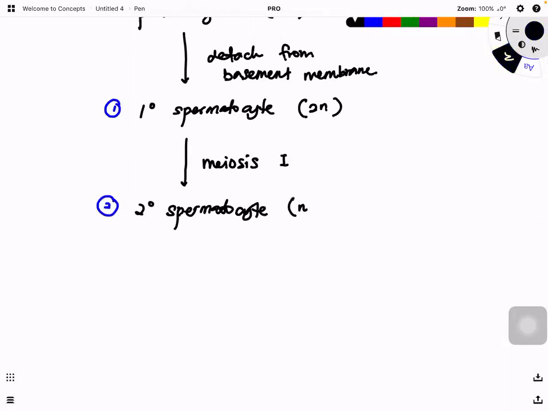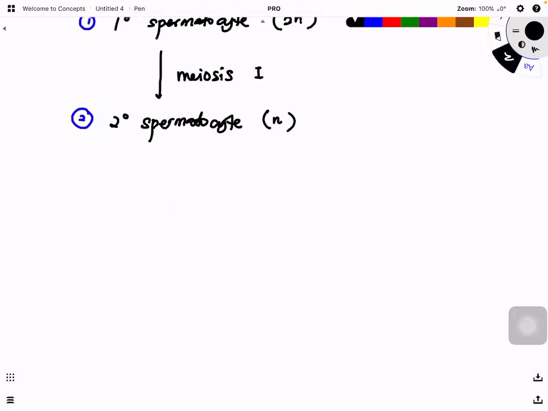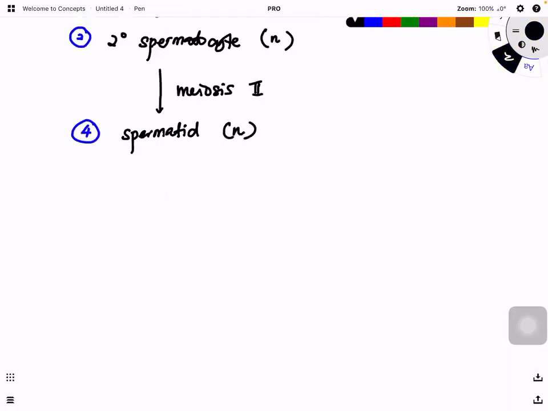So now it's n. So they continue to finish meiosis 2, forming what? Spermatids, which are also n. So from 2, you get 4 spermatids. Okay, so spermatids develop into the sperm cells, which are n, by the process of spermiogenesis.